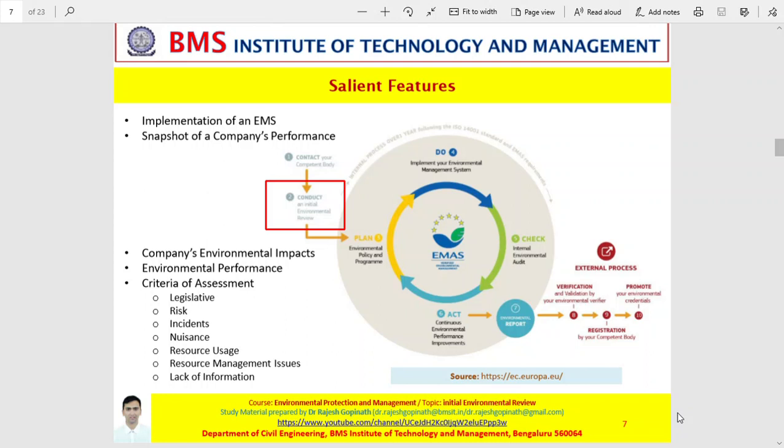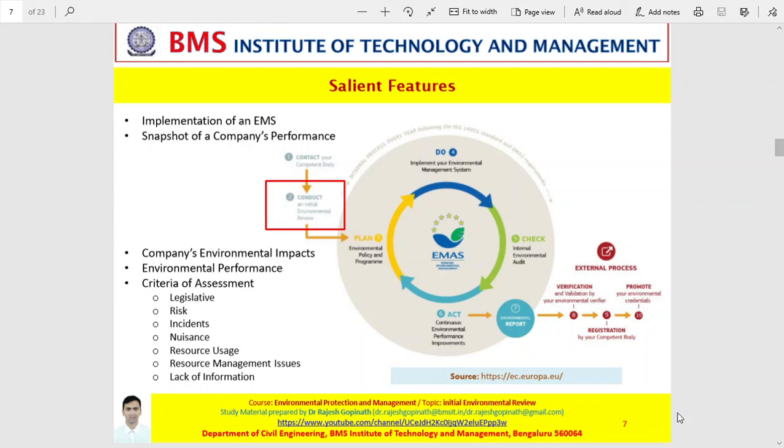Please remember, the purpose is to find and evaluate as many areas as possible in which the enterprise can improve its environmental performance, which means least or negligible or minimal damage to the environment due to the activities which happen within the organization or due to the organization.